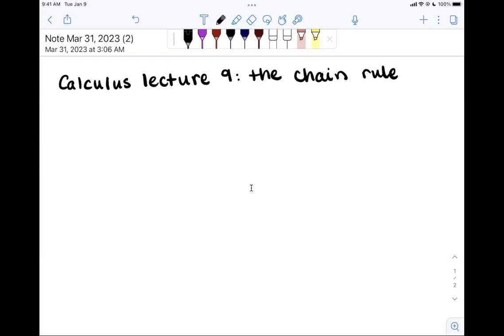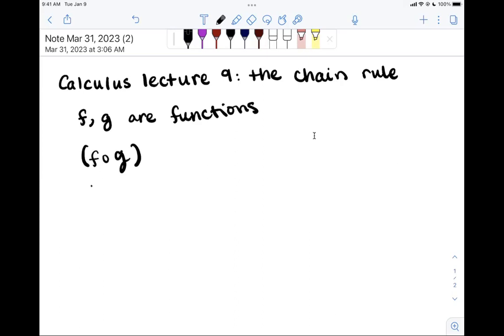So we've talked about this before, but here's the general formula. Say we have two functions, f and g, and then we have their composition, so that's f of g.